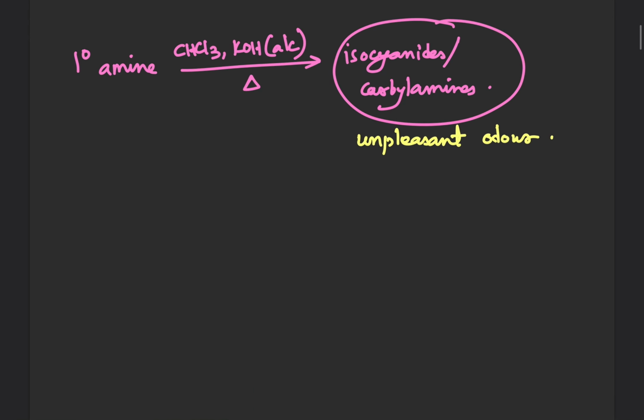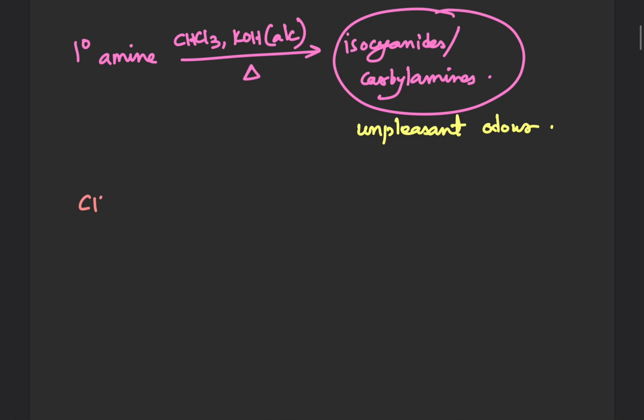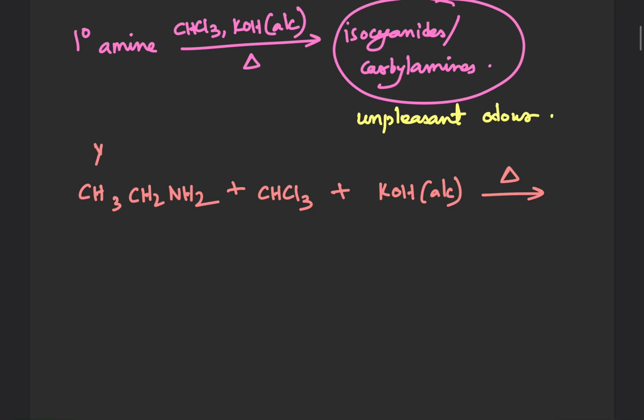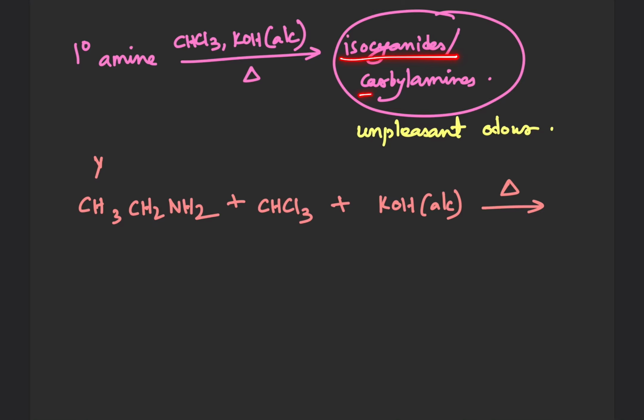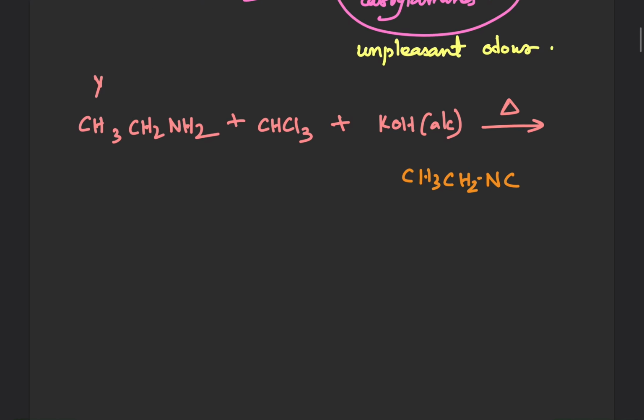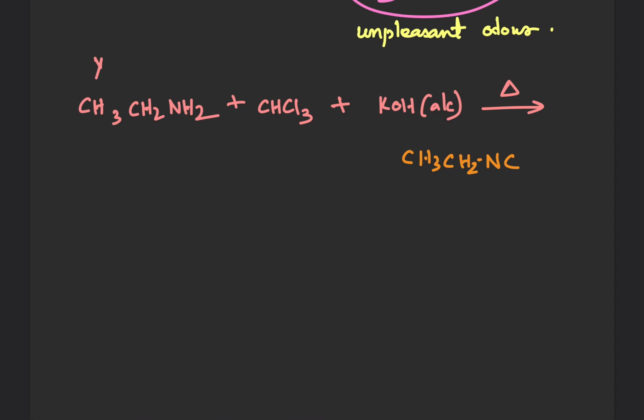Okay, so with respect to reactions, I can write the 1-degree amine is our ethylamine CH3CH2NH2. We are treating this with chloroform CHCl3 and alcoholic KOH, obviously with heat. So we'll be getting the isocyanide or the carbylamine, and that is CH3CH2NC. Okay, if you want to see the full bonding, it is CH3CH2N triple bond C. This is the whole picture.